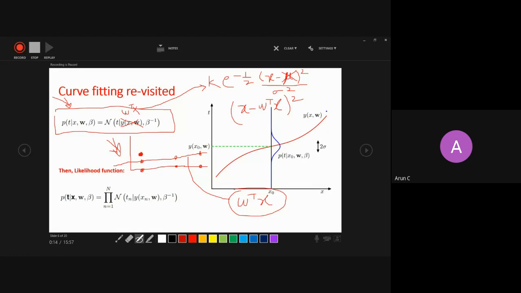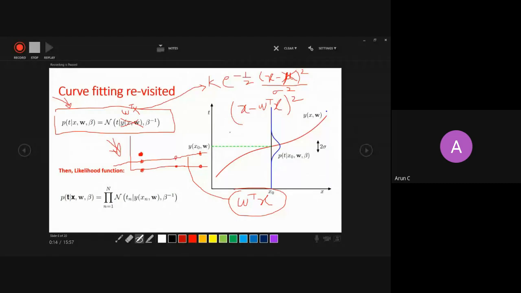I care that you understand every aspect of it. So w transpose x was the mean you were looking for. If you decompose this form, x is known because it's data, and w is not known. So your ultimate aim is to find w.